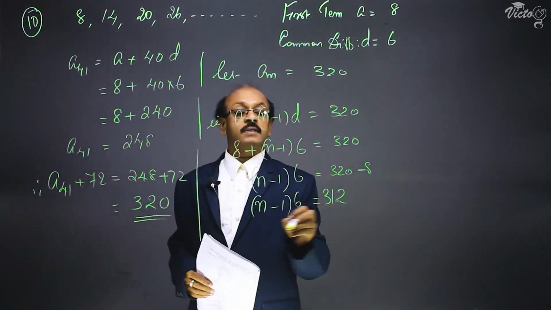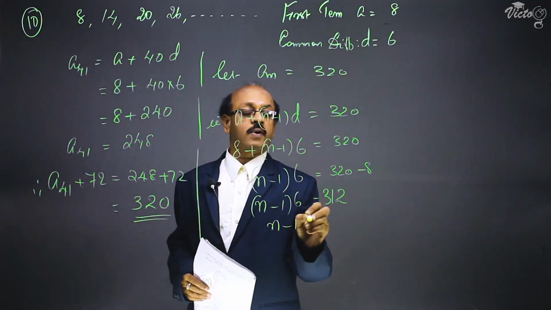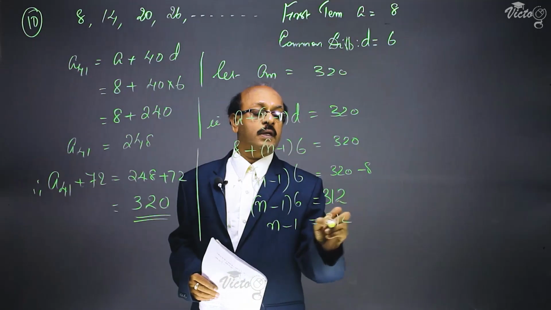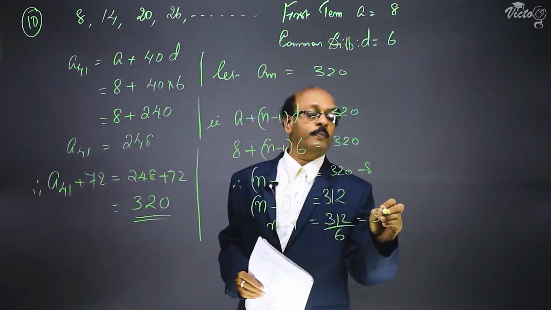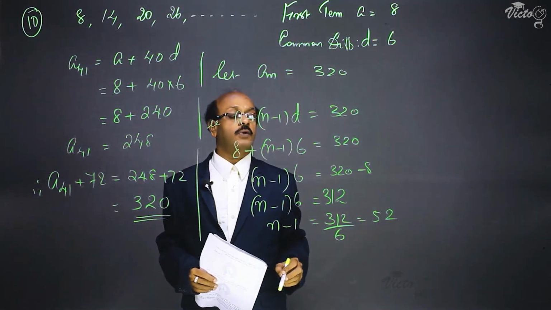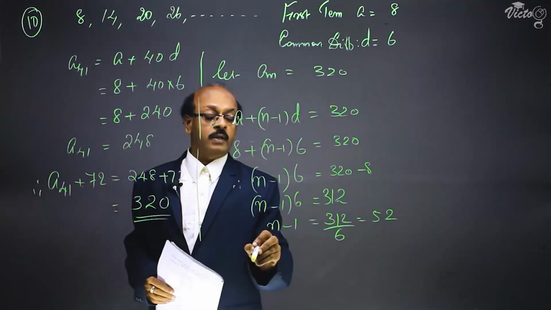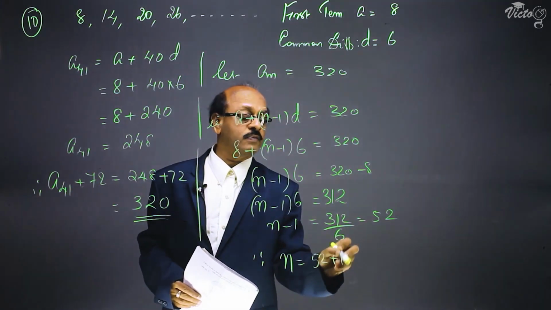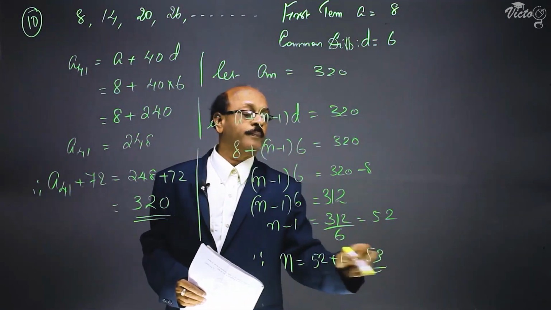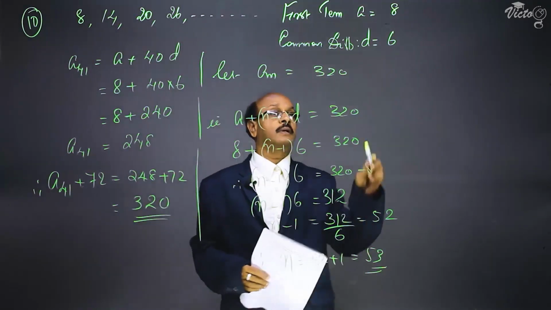Now divide by 6, we will get n minus 1 is equal to 312 by 6, which is equal to 52. 312 by 6 is equal to 52. Therefore, n is equal to 52 plus 1, which is equal to 53. That means the 53rd term.